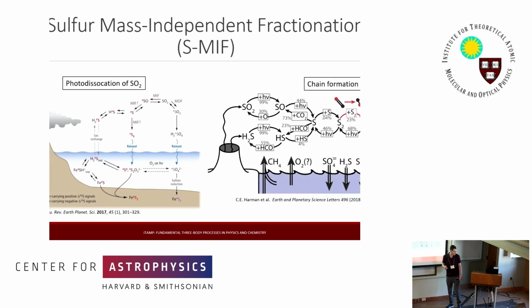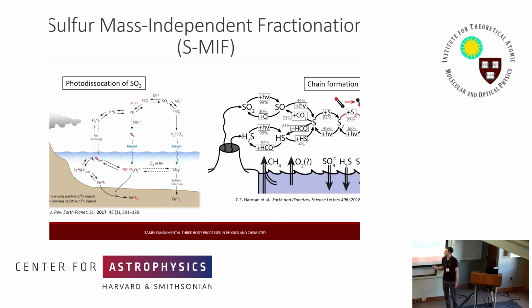And there are essentially 2 schools of thought leading to this mass-independent fractionation. So back in the Archean atmosphere, there was no oxygen, and sulfur-containing compounds were released into the atmosphere through volcanic gases.